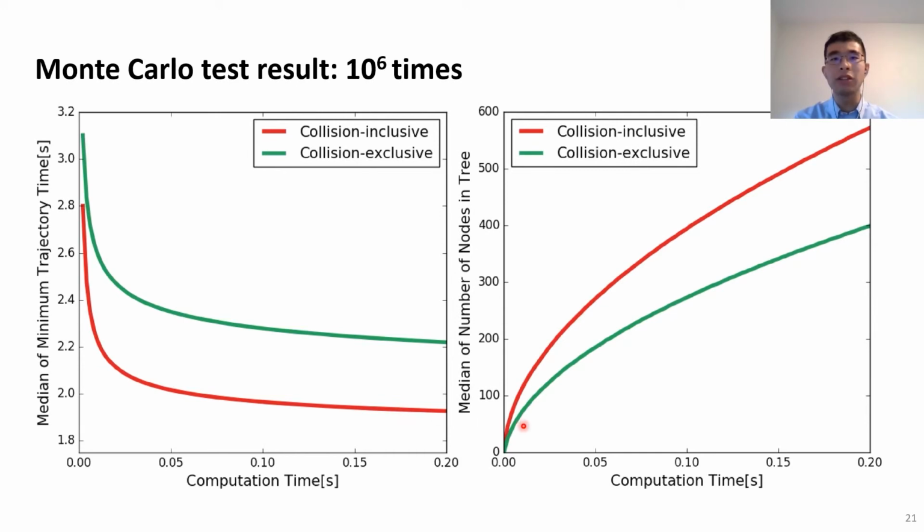We also plot the number of nodes in the exploring tree against the computation time. This partially provides an explanation of why the planner with collision works better in this narrow environment, because it can add nodes to the exploring tree faster, and this contributes to the better overall planning result.